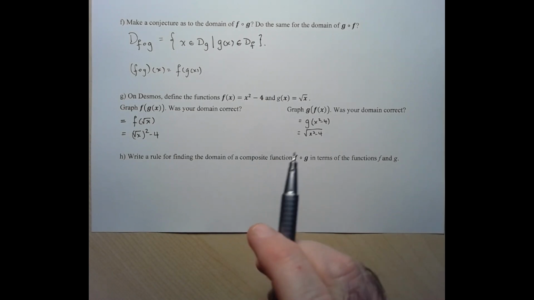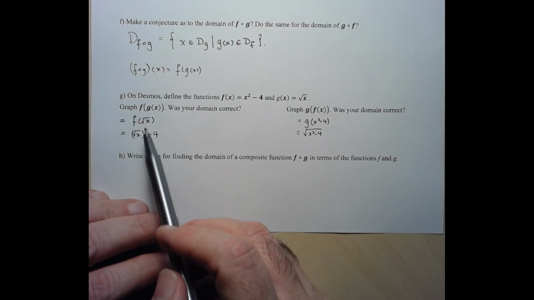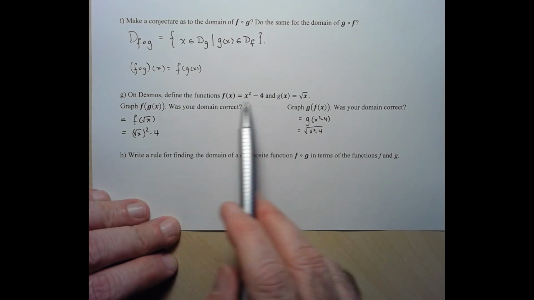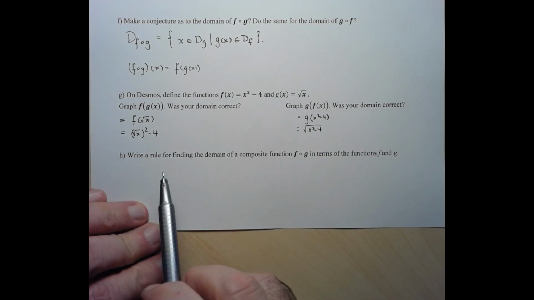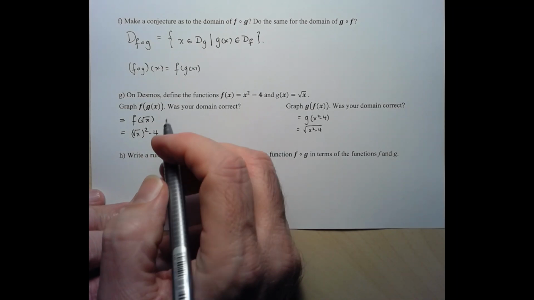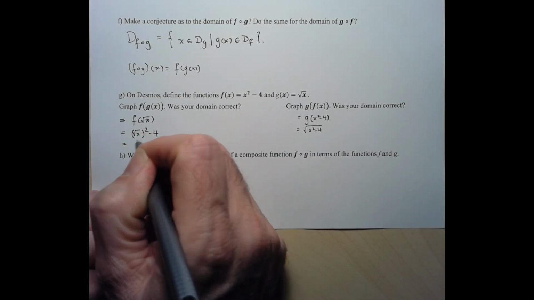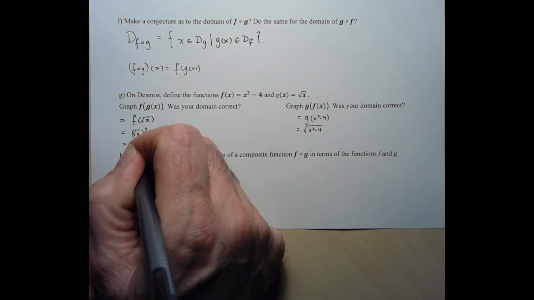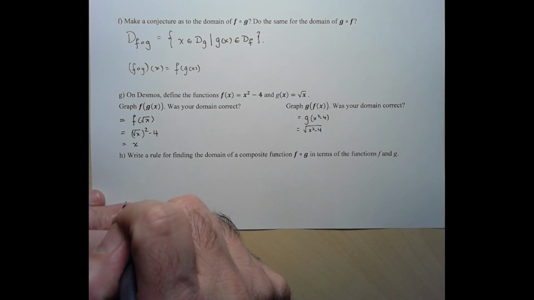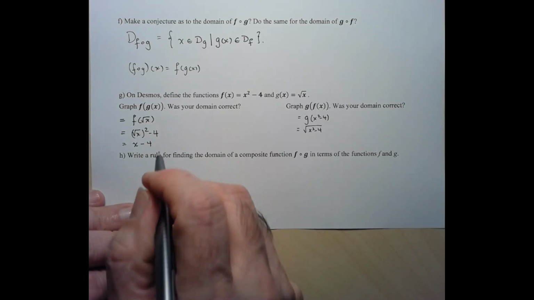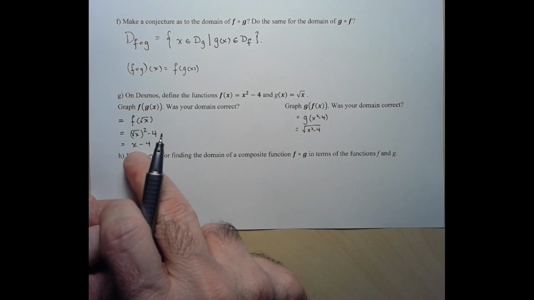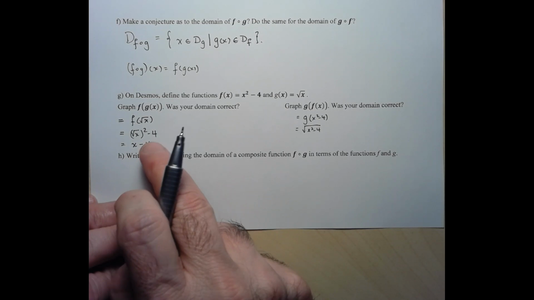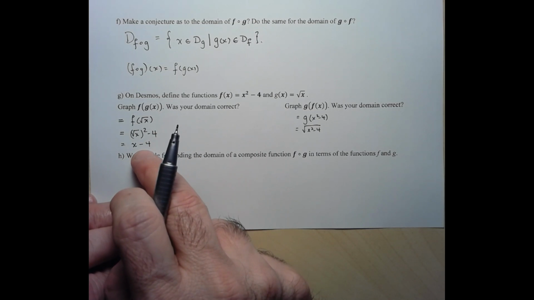All right, we're back. So let's take a look here. I just wrote out these functions. G of X is root X, and then I'm inputting that into F at X. Now this is where you have to be careful, because we know that when we square a square root, we just get X here, minus 4. And when you look just at the end result, you realize, hey, wait a minute, the domain of this end result, once I've simplified, is just all real numbers.